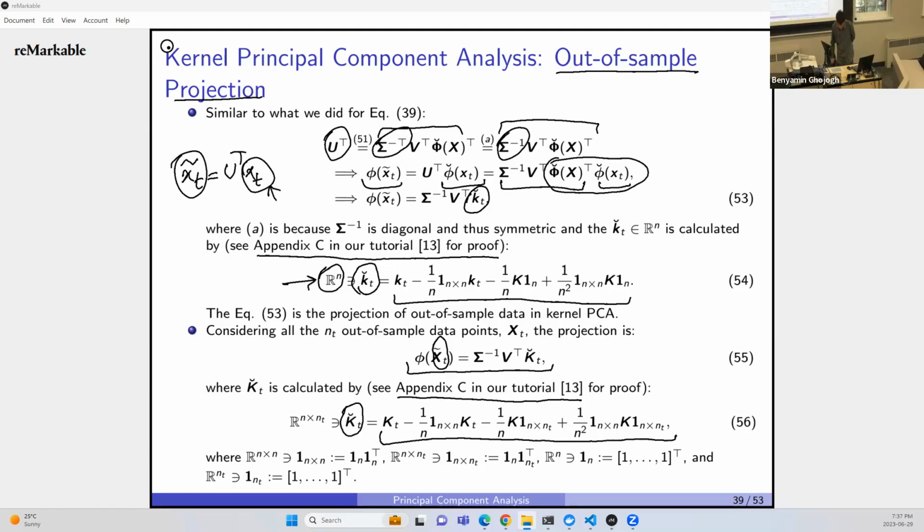By the way, what is kernel back hat t here? It is n by n_t dimensional. Why? n_t is the number of test points, n is the number of training points. We have n training points, we have n_t test points, and the similarity between these. So this kernel matrix is not a square matrix, it's a rectangular matrix, because n_t is not necessarily equal to n.